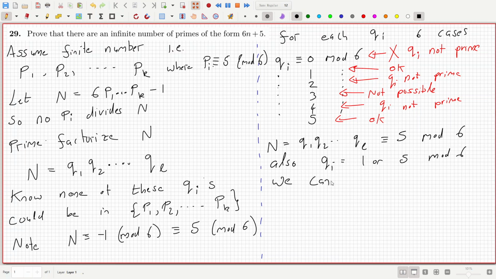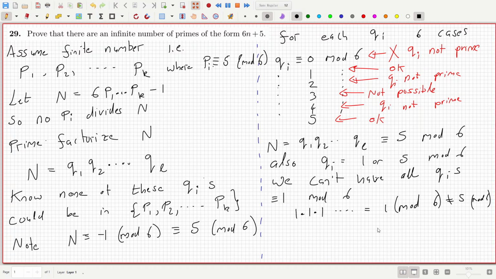We can't have all the q's being 1 mod 6, because 1 times 1 times 1, etc., would be 1 mod 6, which of course is not 5 mod 6.